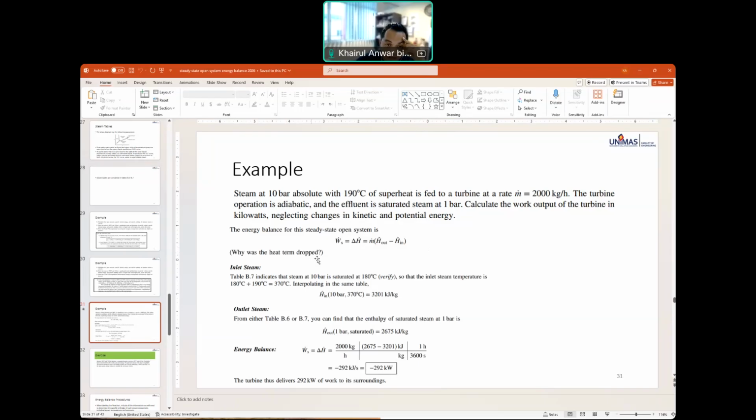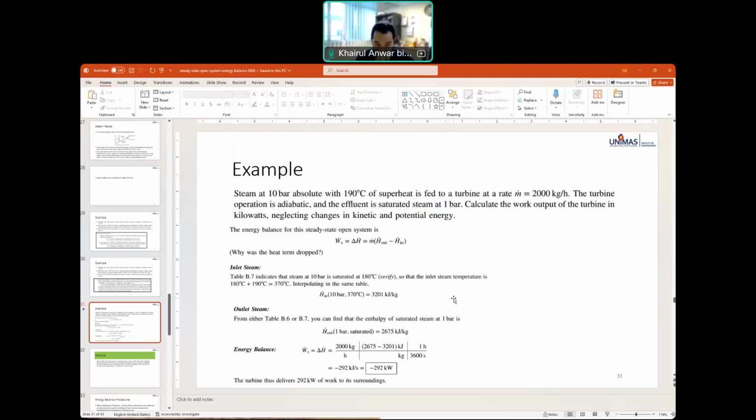Why? Because in steam table B7, 10 bar is saturated at 180 degrees C, so the inlet steam temperature is 180 plus 190, 370 degrees C. Everything is in the same table.